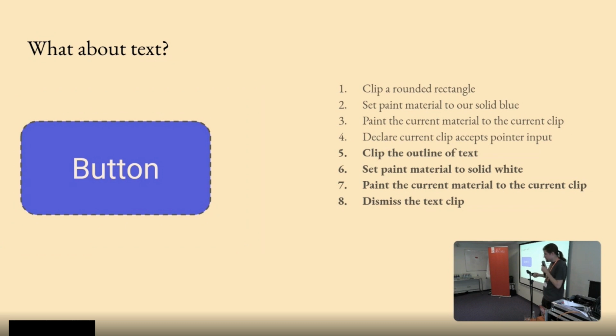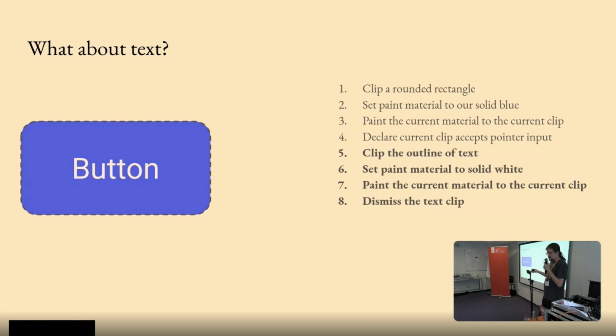And then we want to show some text on our button. Well, how do we do that? We use the same paradigm. We need a clip that describes the shape of the text glyphs that we want to display. So there's a component in GUI that is the text shaper, and it performs a lot of work. It takes a string and a description of the font that you want to use, and it goes through a long process to transform that string into a complex path describing the outlines of those letters.